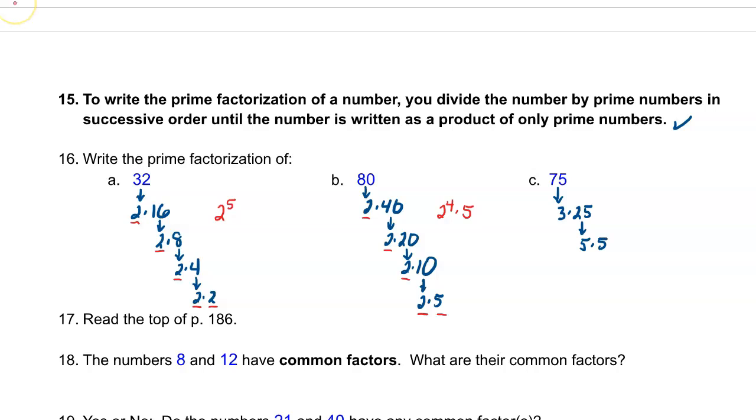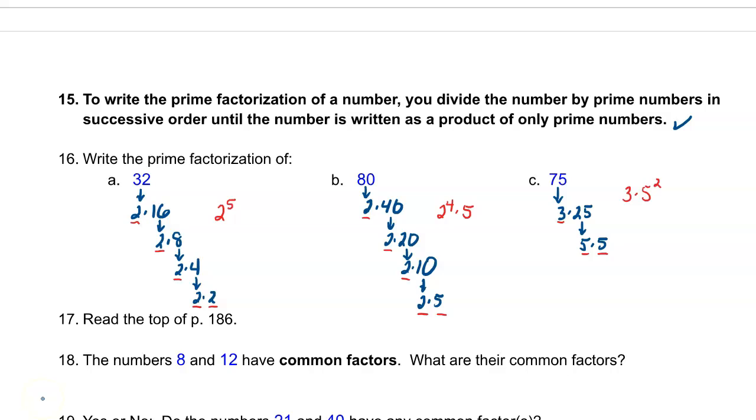You can see already that knowing your multiplication facts is very helpful here so that you're not wasting your time trying to think of numbers that divide into 25. Okay, we have 3 times 5 times 5. So 3 times 5 to the 2nd power makes 75.